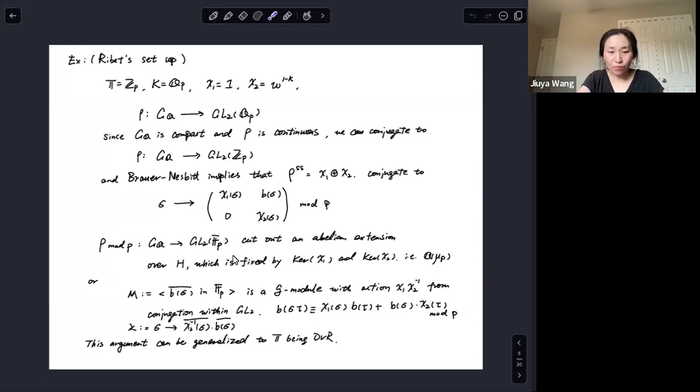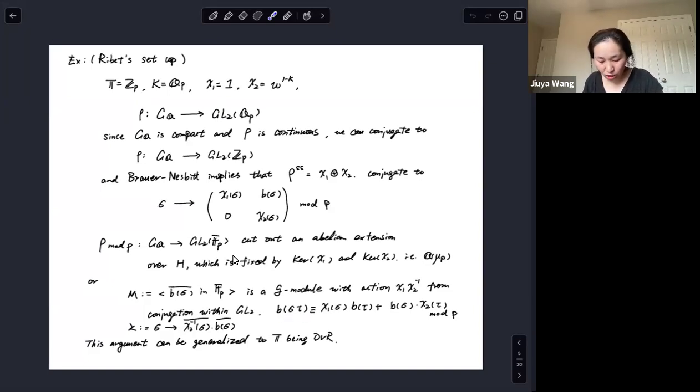Or if you prefer the language of cocycles, you can let the module be generated by the upper right corner, this b component in the matrix, and then it will be a G-module where the action is easily seen from the conjugation action of the image of G_Q.